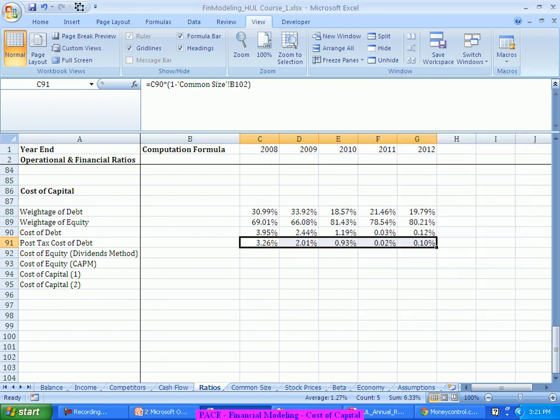Okay, so we have WD, WE, KD into 1 minus T. Now all I require is KE. One way to find out KE is the dividend discounting method, which comes out as D1, whatever is the dividend, by the market price, dividend by the price, which is actually called the dividend yield.